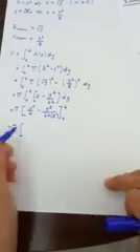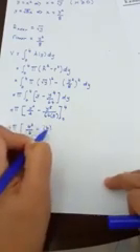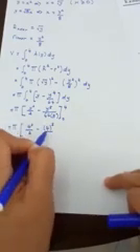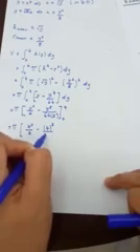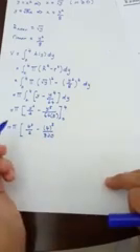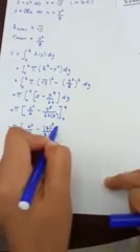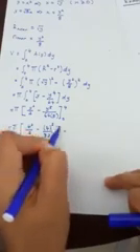Then we will substitute the upper limit and the lower limit. So we have 4 squared over 2 minus 4 to the power of 5 over 320, minus the lower limit.